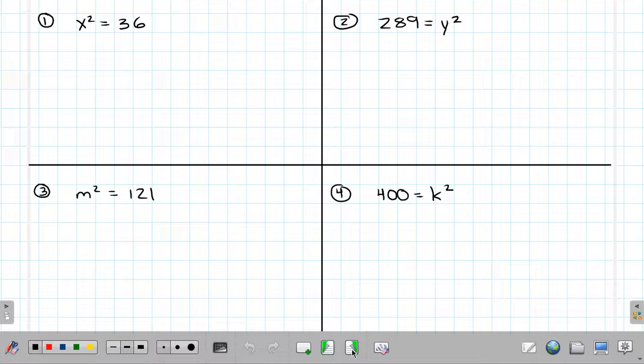As you can probably see, these are very simple. In number one, we have x squared. If we look at our steps, x squared is already isolated on this side of the equation. That's all that's on this side, okay? In this case, we really only have to do one thing.